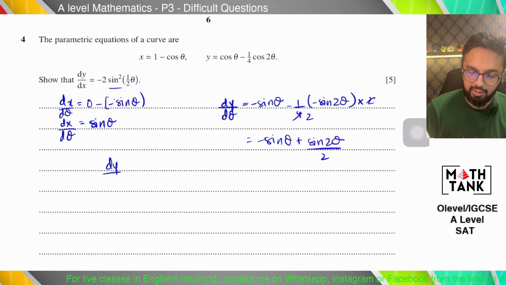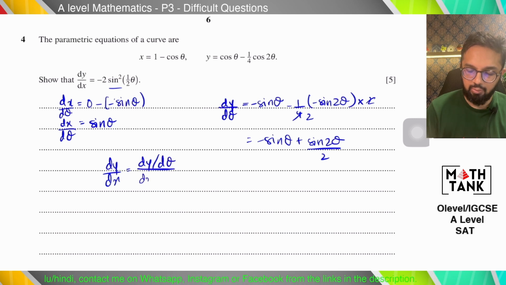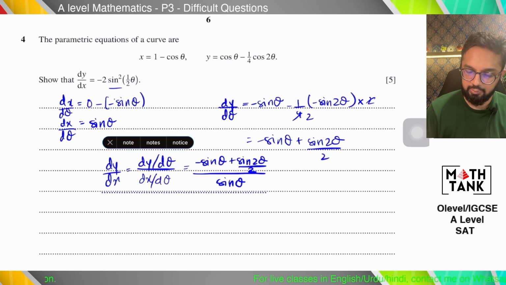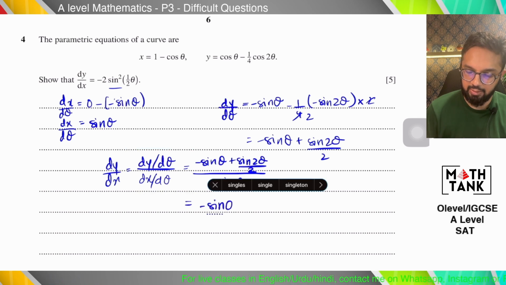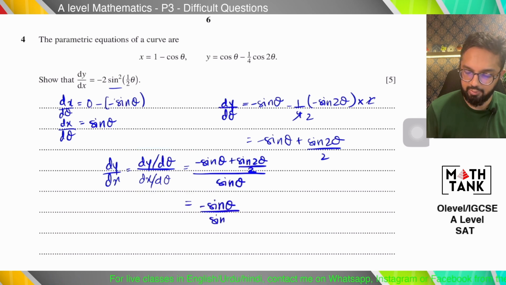So dy over dx is then dy over d theta divided by dx over d theta, over sine theta. So minus sine theta over sine theta plus sine 2 theta over 2 sine theta.